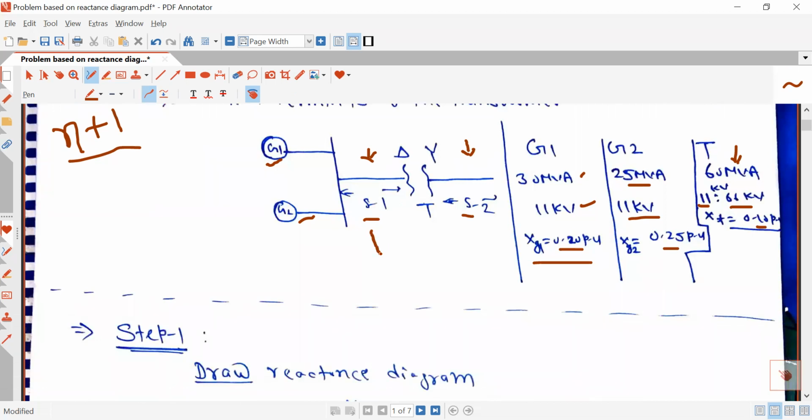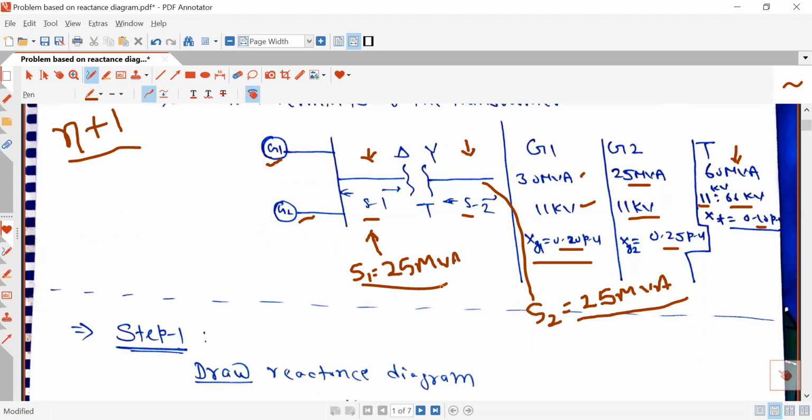If MVA base value of section 1 is 25 MVA, then obviously transformer will not change the MVA base. Transformer will either step up or step down the voltage level. So the base value for section 2 will also be 25 MVA. So entire power system will be on common base, and that common base is 25 MVA.